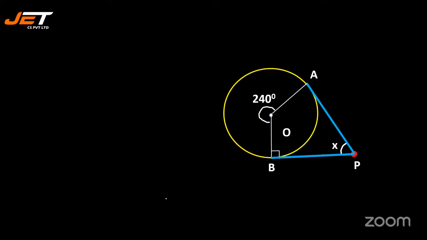You have 240. Okay. So now again, let us find y. So 240 plus y is equal to 360.